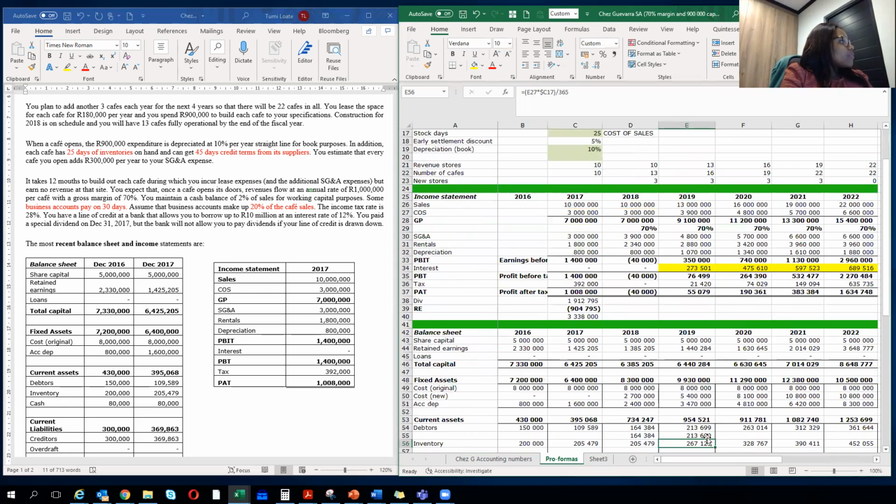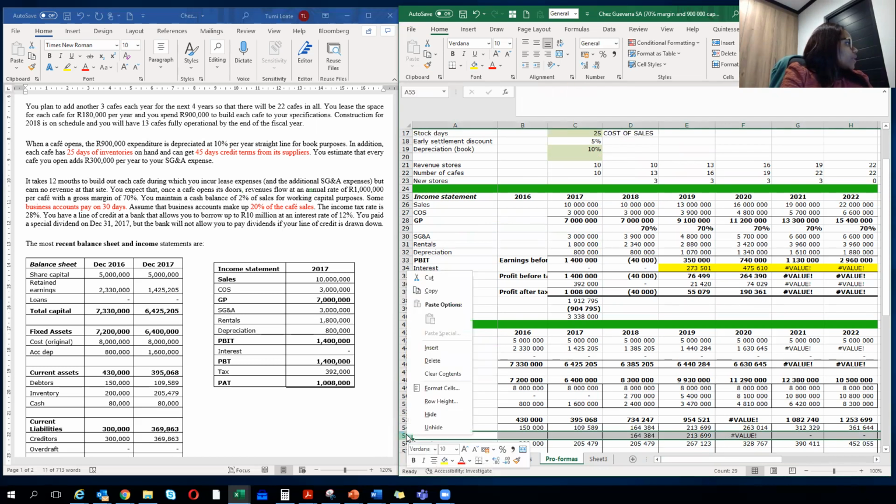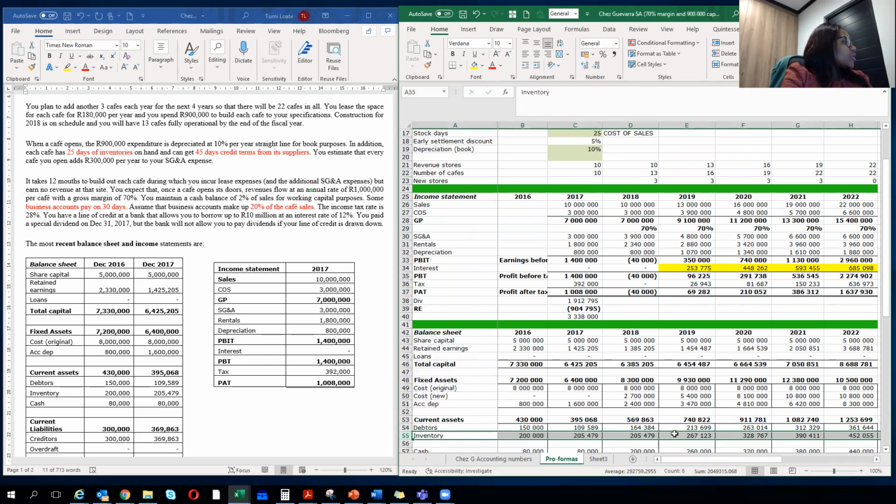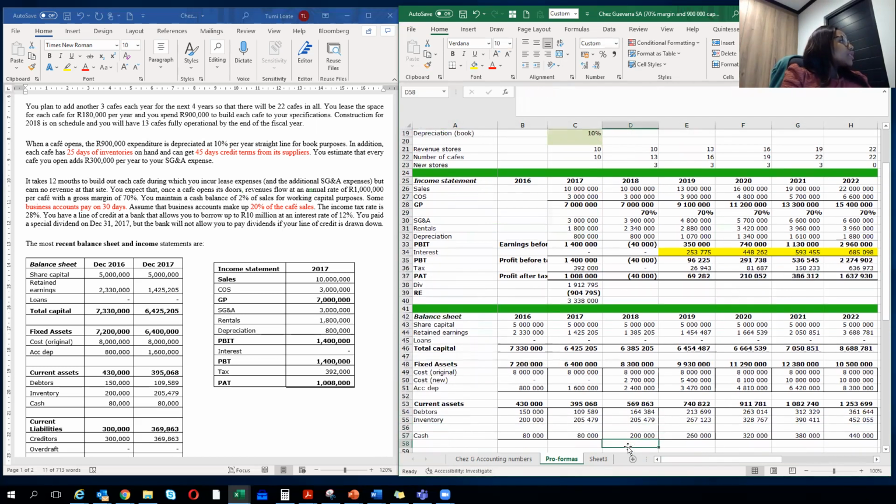Okay, and each time you do that exact same calculation, 30 days of the 20% of revenue, you'll get to all the debtors days calculations. Okay, then I'm going to remove this. That's how I've shown you how to do the calculation. Then let's look at how we do the inventory calculation.